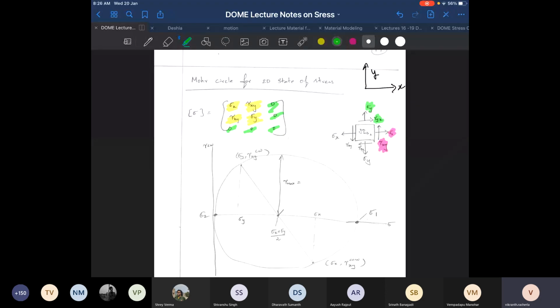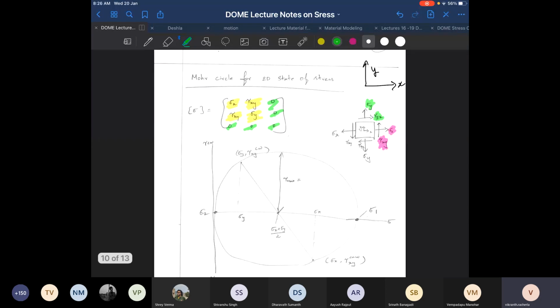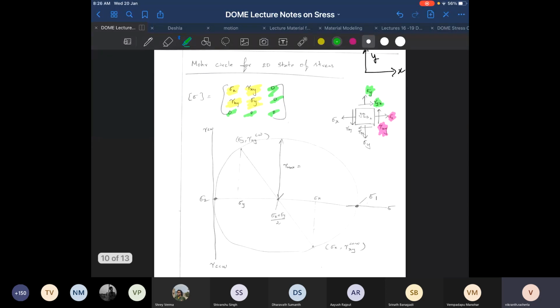Okay. So fine. So you have this sort of a state of stress, and how do you draw the Mohr circle? So basically you have your x-axis, and over here you show the normal stresses, and on the y-axis you show the shear stresses.